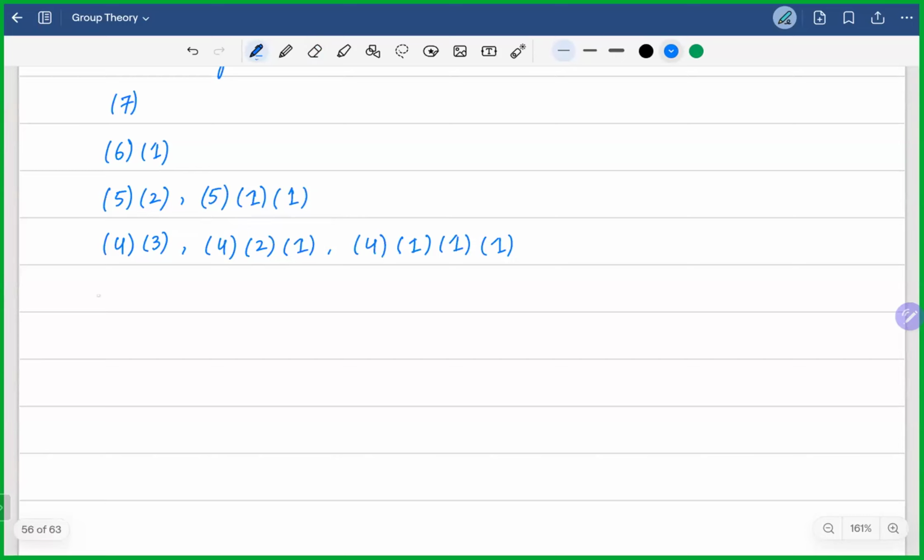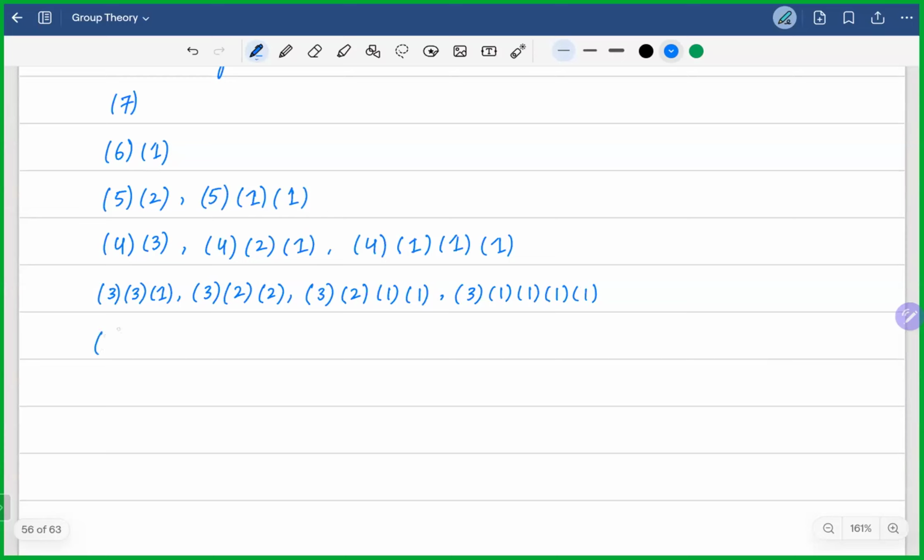And then I can write 3, 3, 1, and then 3, 2, 2, and then 3, 2, 1, 1, and then 3, 1, 1, 1, and 1. Perfect. These are the possibilities with 3.